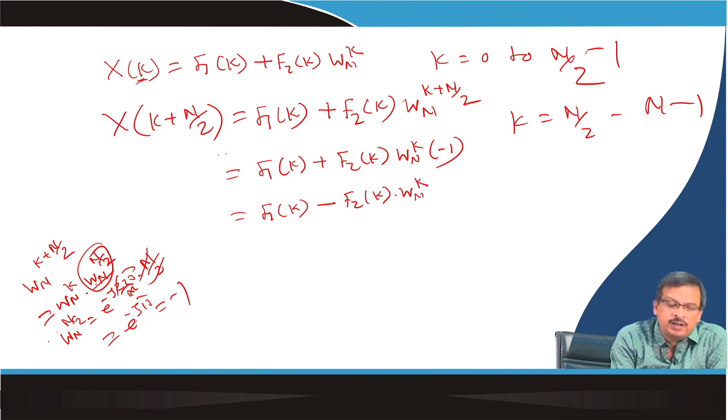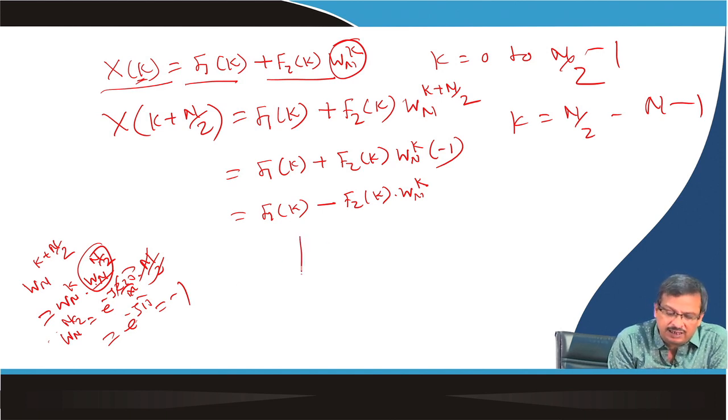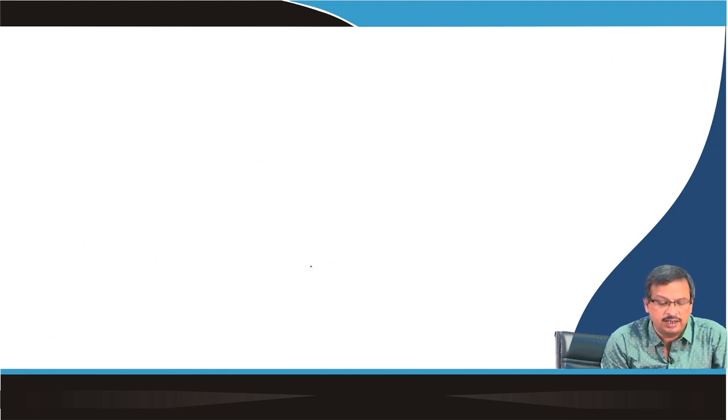So, if you see, X(k) can be represented in two parts, F1(k) and F2(k). Suppose this is my F1(k), an N/2 point DFT. Okay, I will write it here.